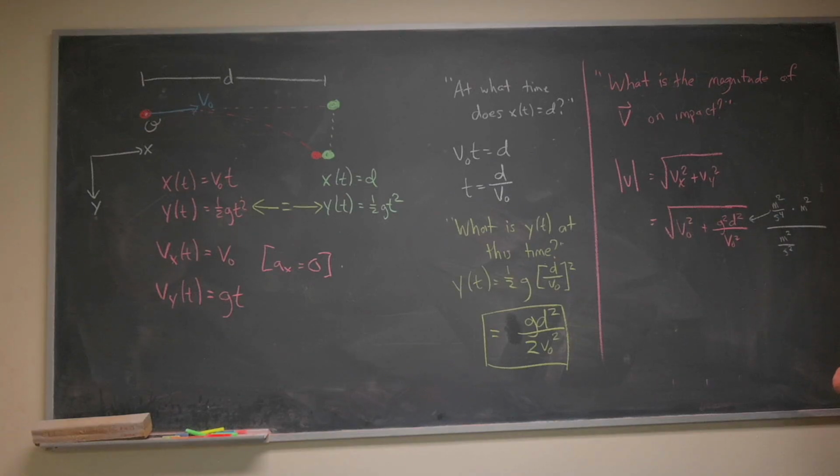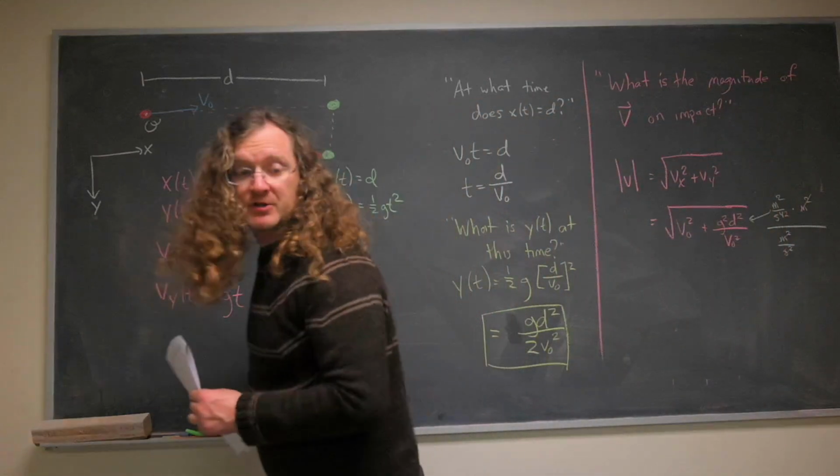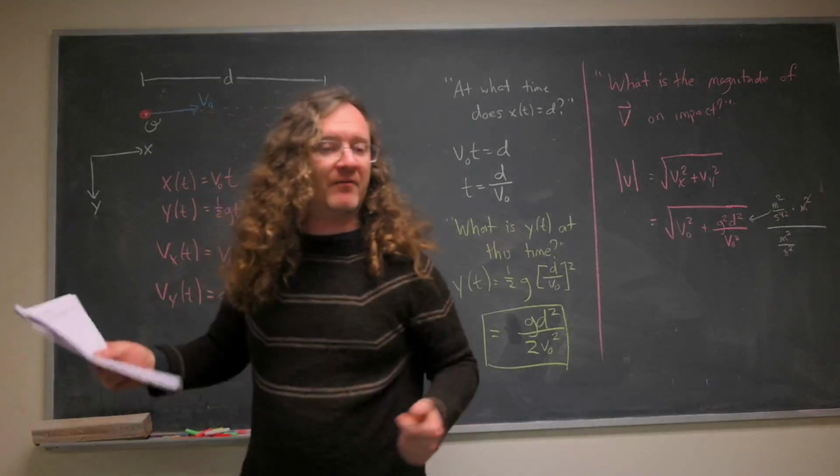A lot of things cancel. This cancels with this. This partially cancels with that and gives me a 2. So this whole term here also has units meters squared per second squared. I take the square root and I get meters per second, so my units check out. So that's question 5 on the practice exam.